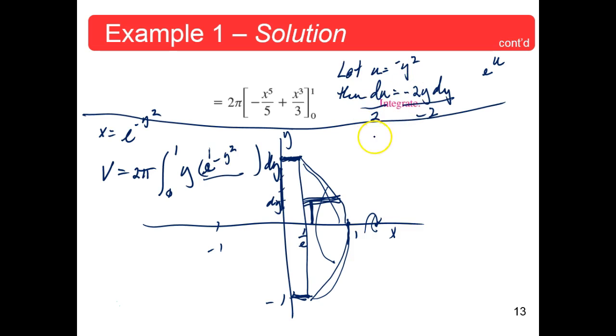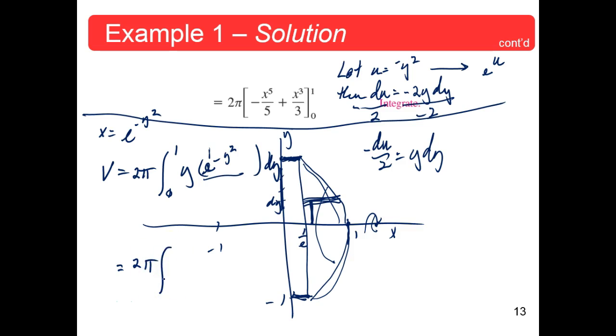And that then gives you negative du over 2 is equal to y dy. Okay? So this is going to produce e to the u, and this is going to be your du. So let's plug these in here, and that'll be a 2 pi times the integral.